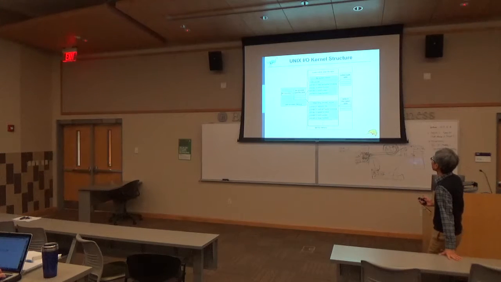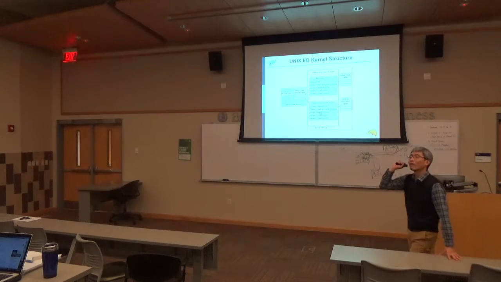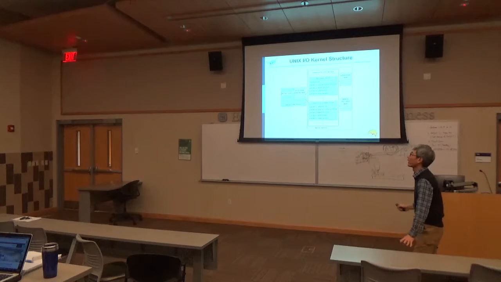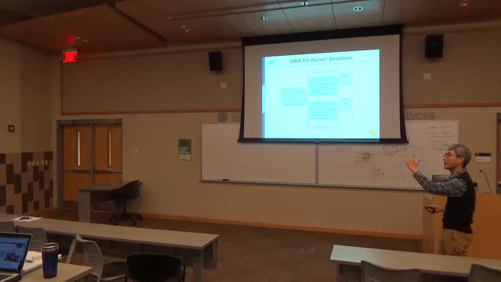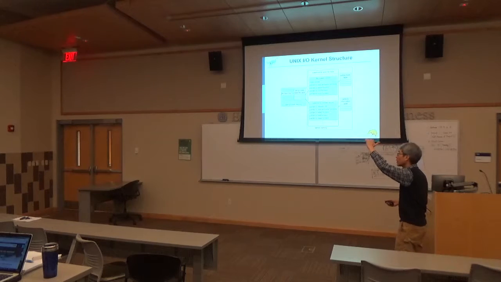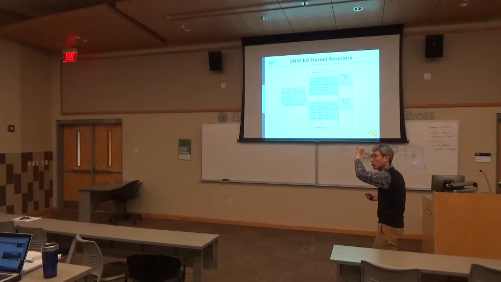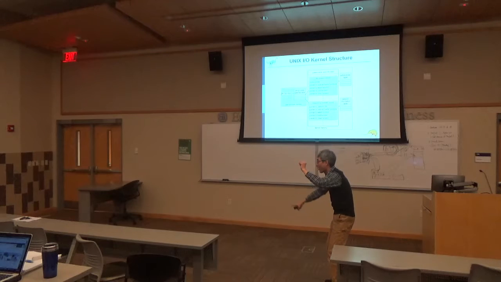So this is an example of the Unix I/O kernel structure. As we discussed in the file system interface and implementation, the file system has a memory structure. For the memory structure, the files are managed per process in the memory, which means which files are accessed by one process.